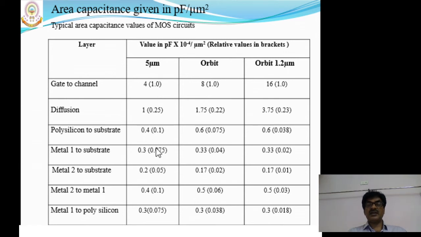The value which is not in brackets is referred to as the area capacitance for the different types of capacitances of the MOS transistor, in the unit of 10 power minus 4 picofarad per square micrometer. So in the calculation you need to use these values for the area capacitances.